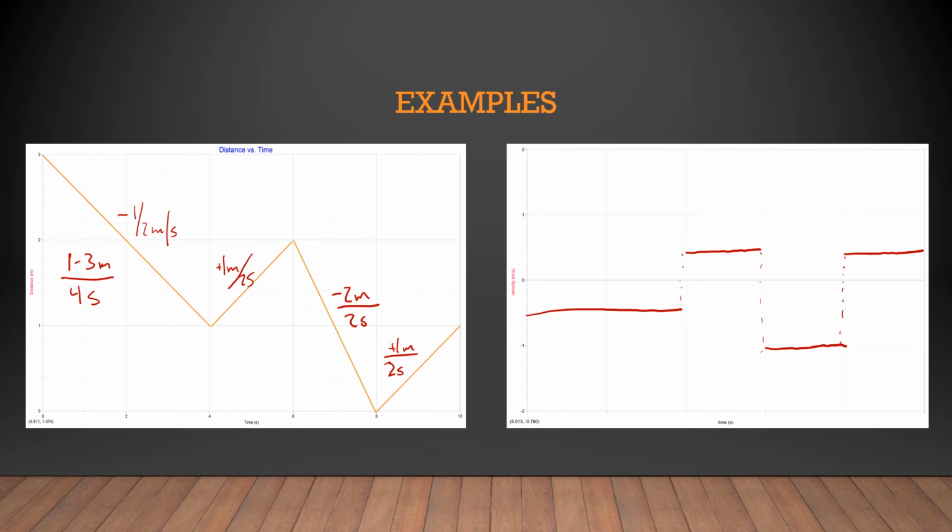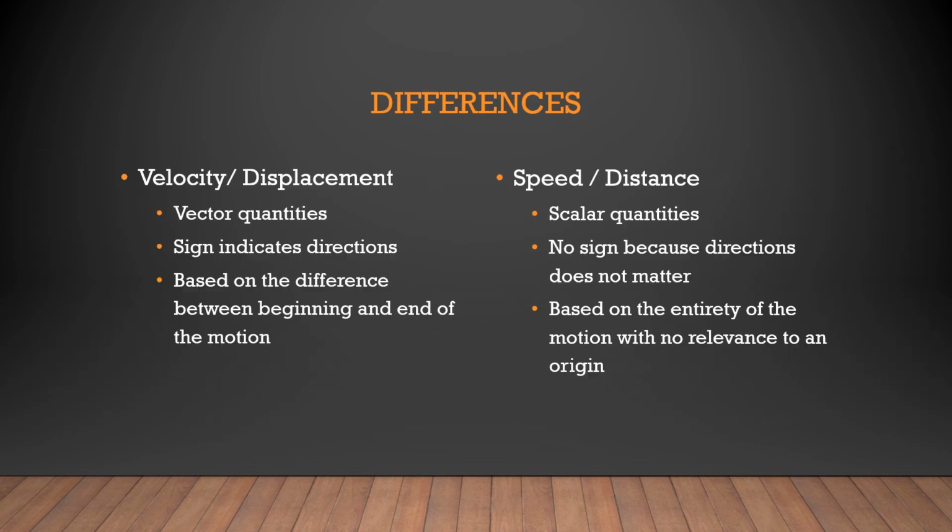the idea of position, displacement and distance, and speed and velocity, and the relationship between them, allowing us to figure out how to create one graph from the other. So, quick differences: velocity and displacement are vector quantities. They have directions, meaning not just a value, but a direction. The sign indicates the direction, and it's based on the difference between the beginning and end of the motion.